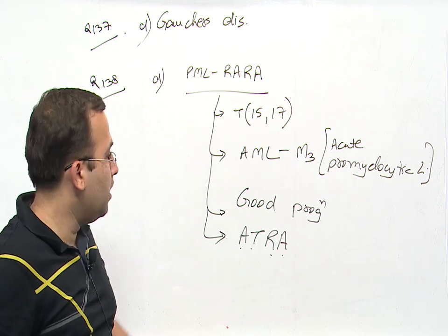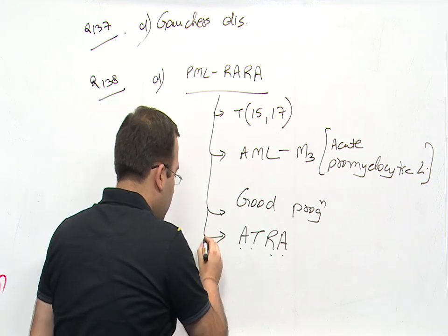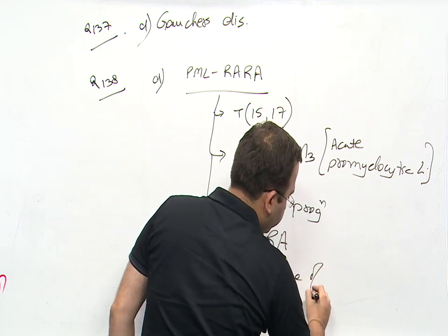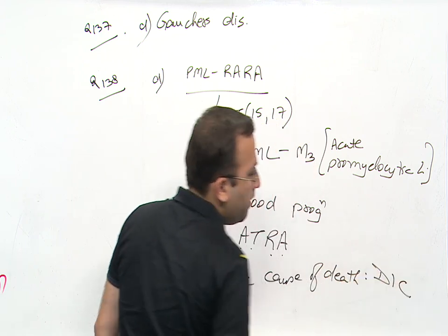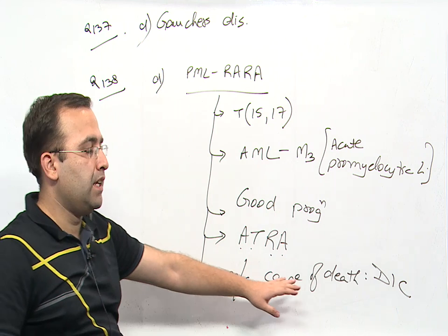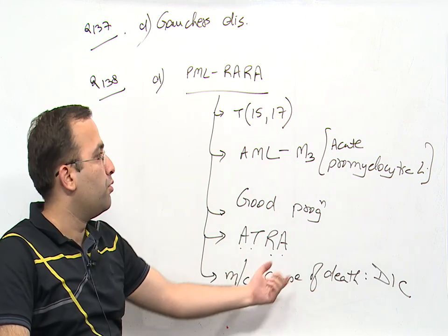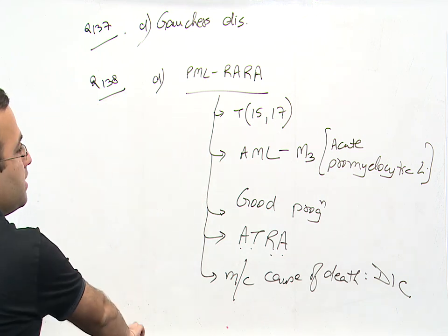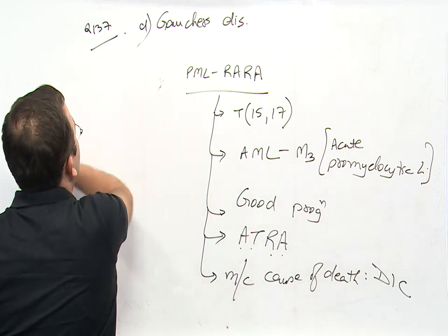Next point, the most common cause of death in M3 is DIC, disseminated intravascular coagulation. Next.